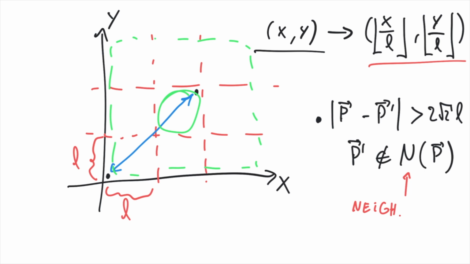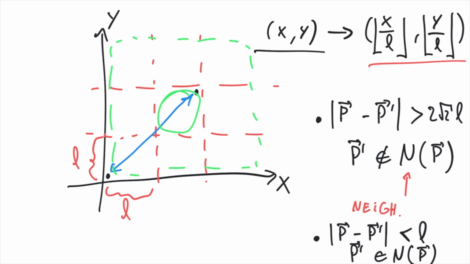Another property that we have is that if the distance between 2 points, let's say P and P prime, is smaller than L, then definitely P prime belongs to the neighborhood of P. And this we can see pretty easily.